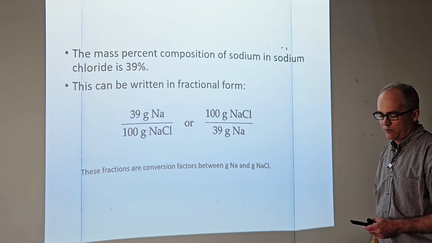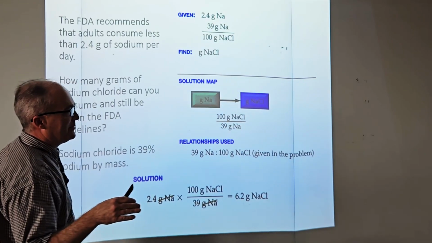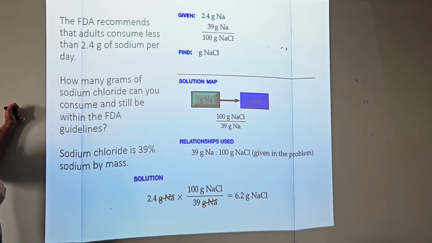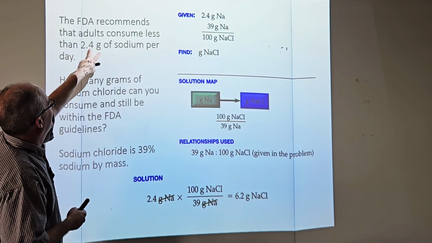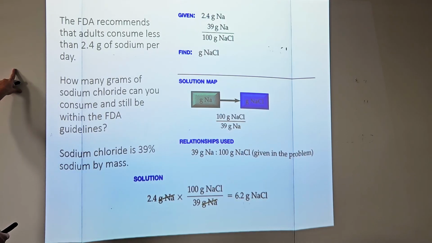We can make that into a unit factor. So here's where I wanted to end. The Food and Drug Administration says we should only eat this much sodium. How many grams of sodium chloride can you consume and not go over 2.4 grams of sodium?